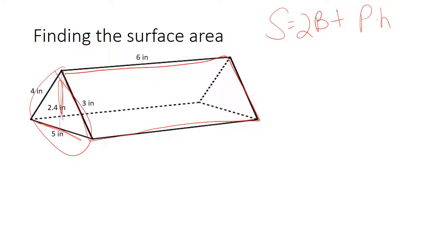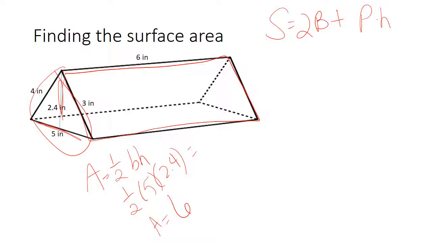The area of that triangle is going to be 1/2 base times height. Whoops, I put a b instead of an h. So 1/2 times 5 times 2.4. 5 times 2.4 is 12, so half of that would be 6. So the area of our triangle is 6.